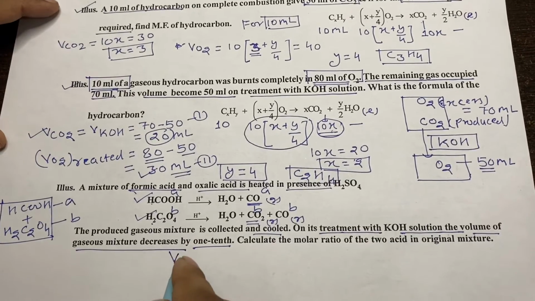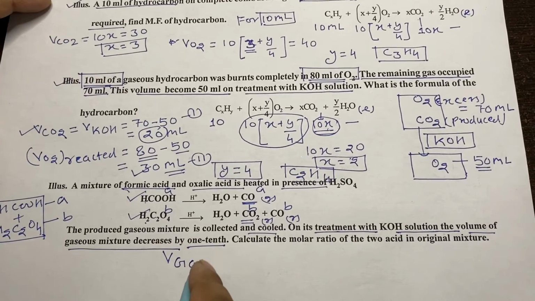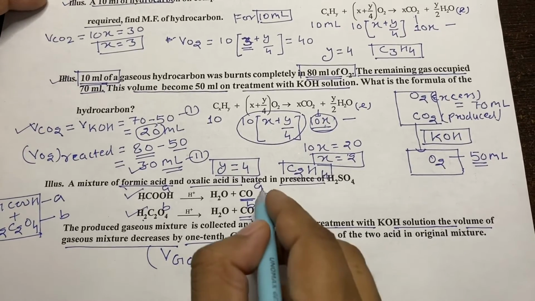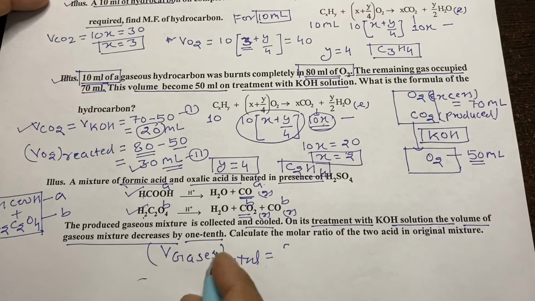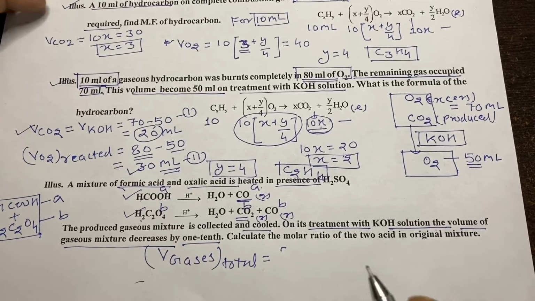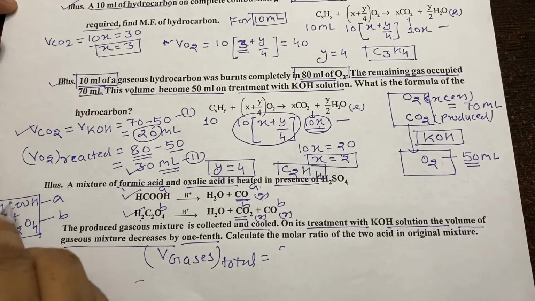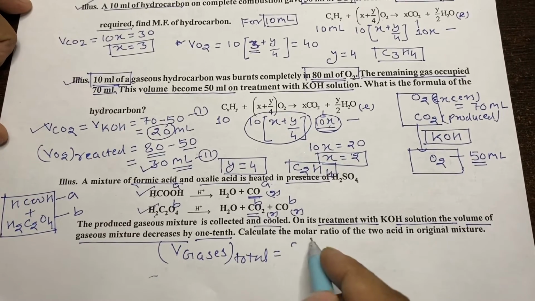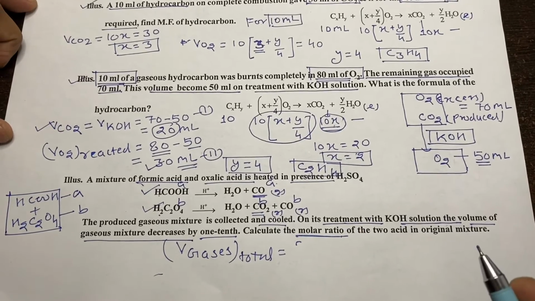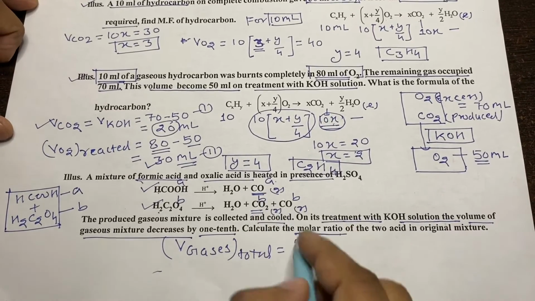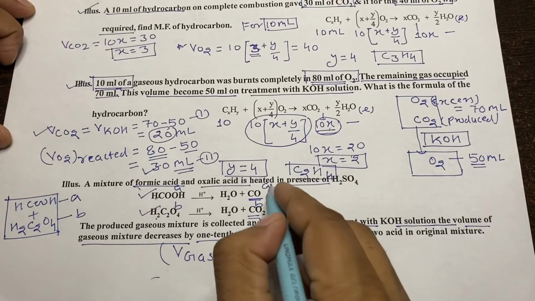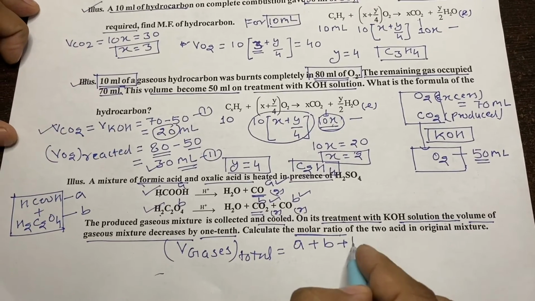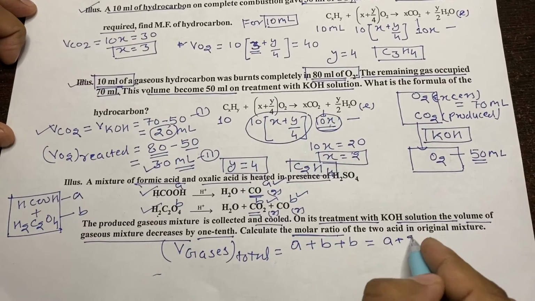So the total volume of gases, V gases total, is definitely going to be in terms of moles, as we are dealing with problems under identical conditions of pressure and temperature. So the molar ratio or volume ratio will be the same. So V gases total will be A mole of CO, B mole of CO2, and also B mole of CO. So this will be equal to A plus 2B.